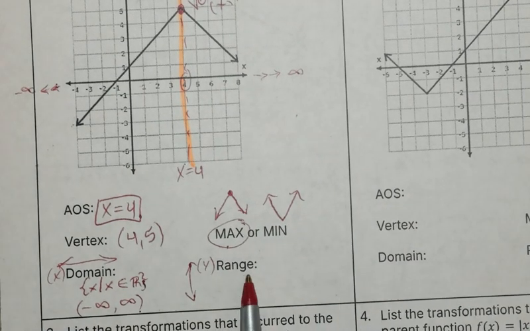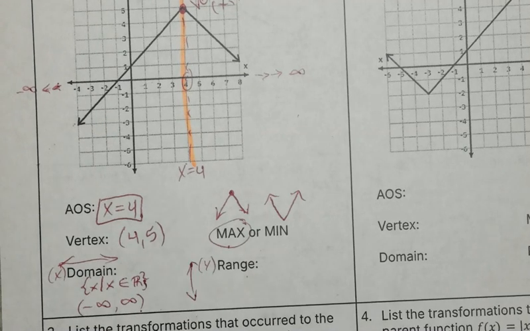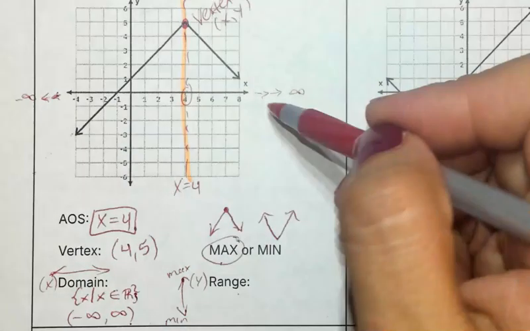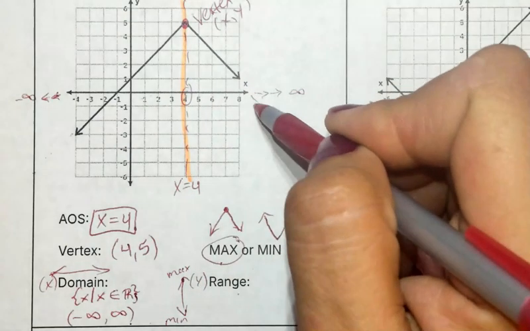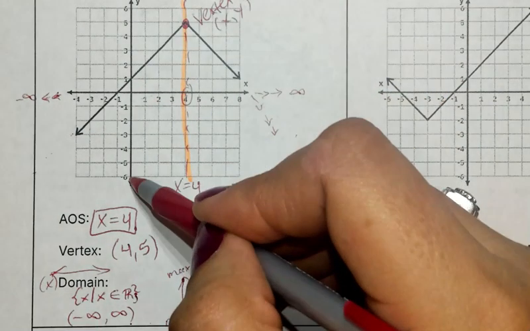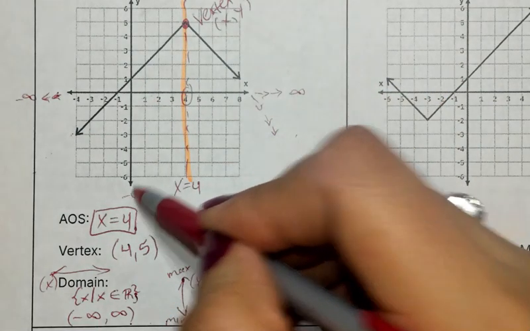For the range, again, we're looking at it up and down. And now you need to identify that the max is on top and the minimum on the bottom. So this graph is opening down, which means it's going to go down forever. And if you go down forever, you're going to go down the y-axis forever to negative infinity.